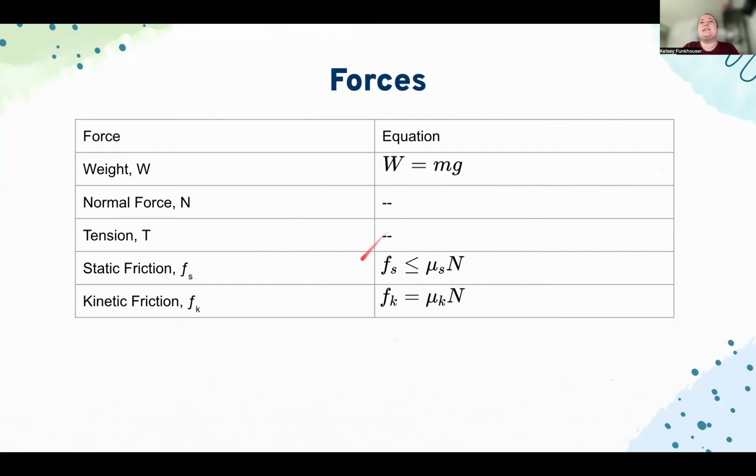So static friction is meant to prevent that sort of motion, so we wouldn't want the maximum all the time unless it's counteracting another force.